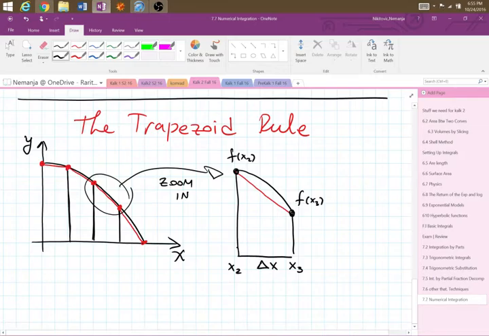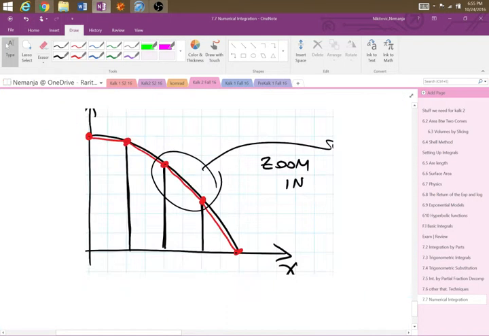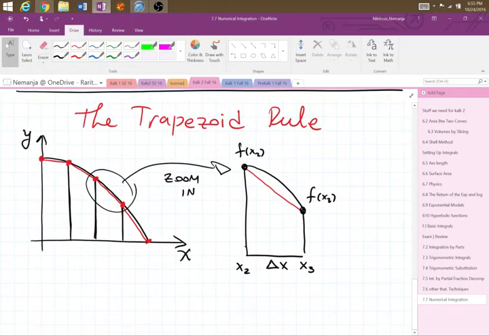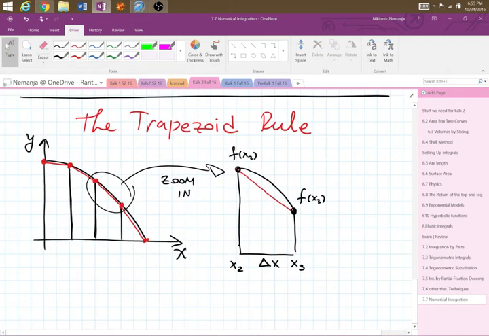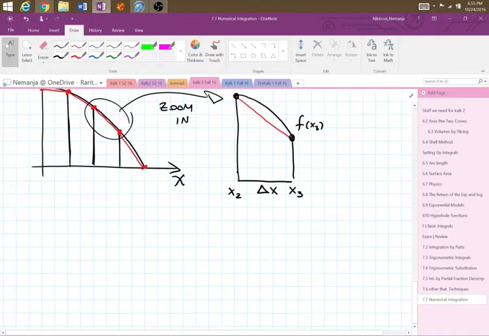So what's happening here? Well, you are creating error, which is the purple part, but it's tiny, right? It's a tiny error.